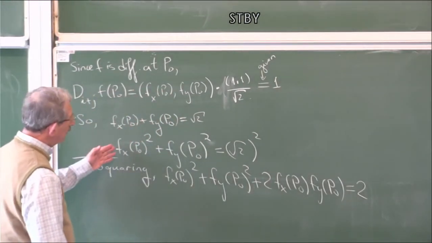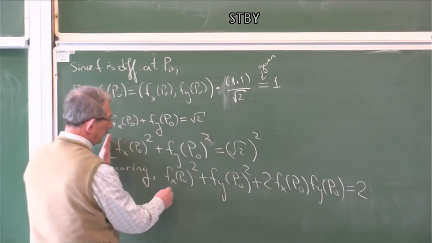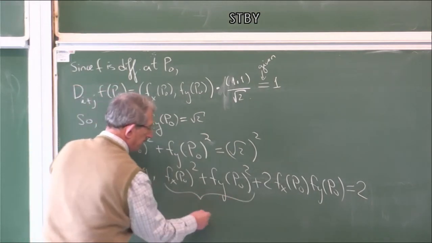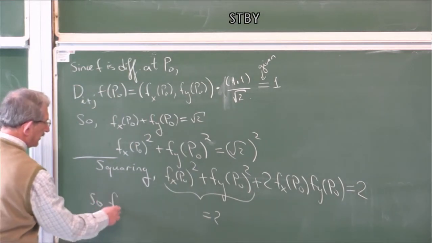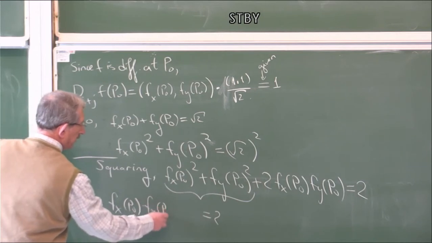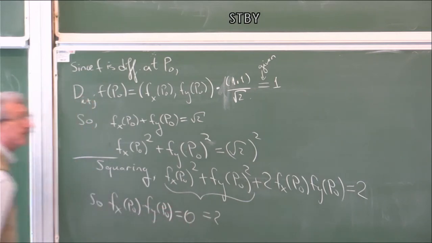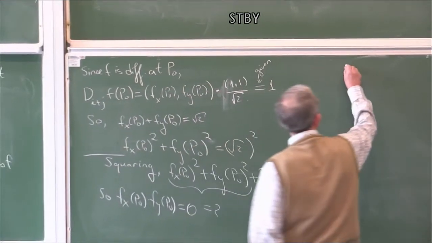Now the second one says the sum of the squares is 2. So f_x f_y is 0.